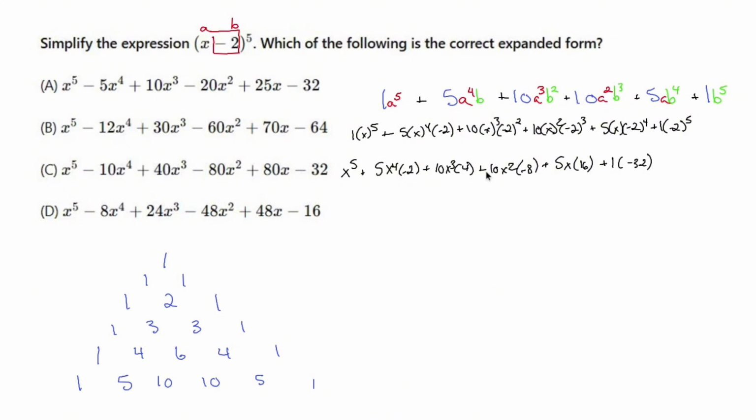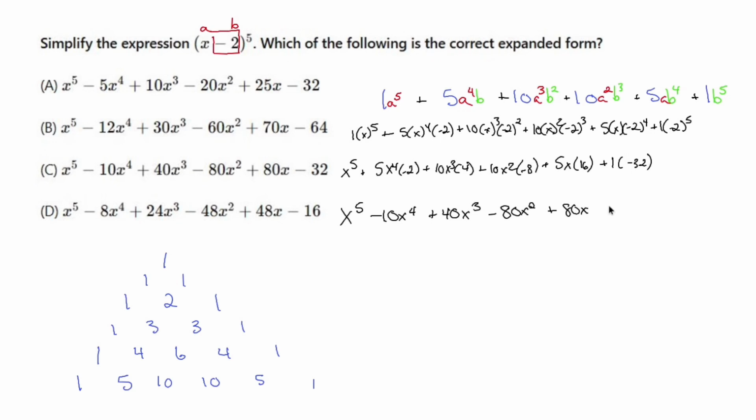x to the fifth is x to the fifth. 5 times negative 2 is negative 10, x to the fourth. 4 times 10 is 40, so plus 40x cubed. Negative 8 times 10 is negative 80, negative 80x squared. 5 times 16 is 80, positive 80x.